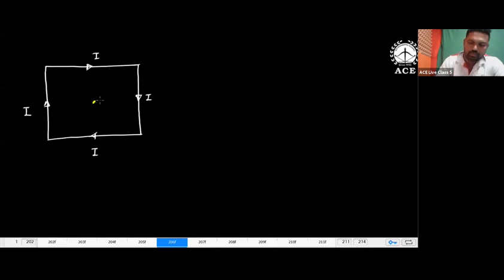Clear? What is the angle and what is the side? The side is D. The distance from here to here is D by 2.